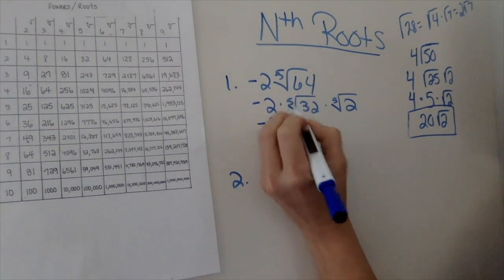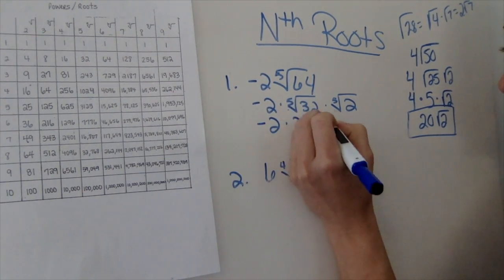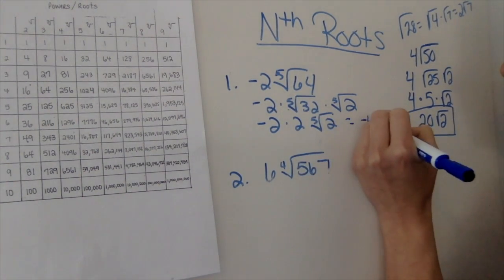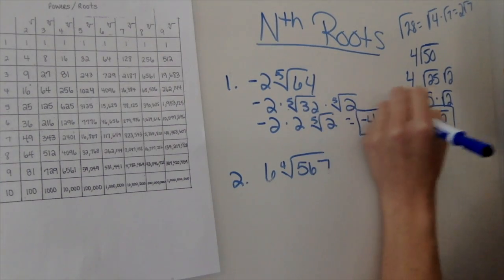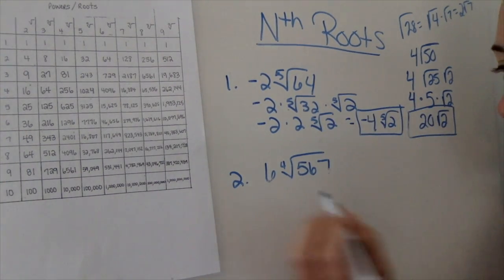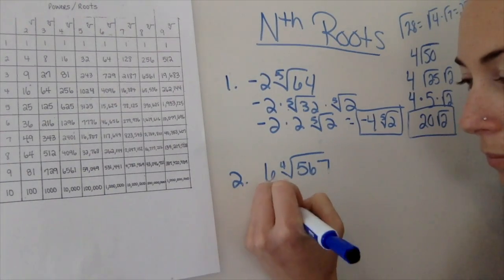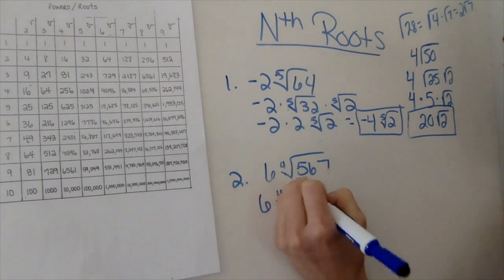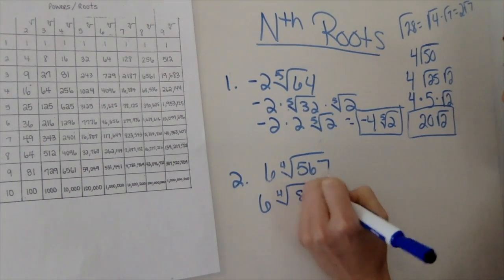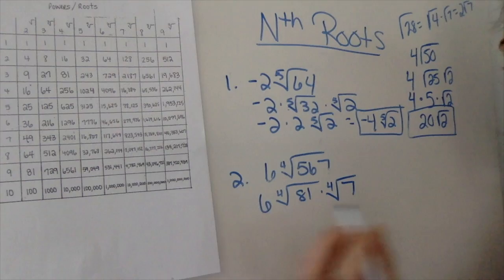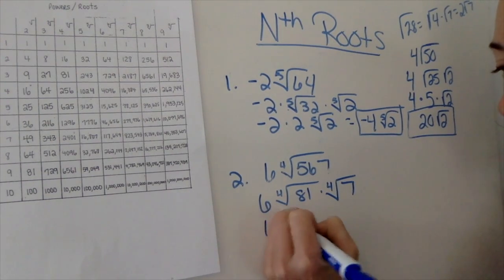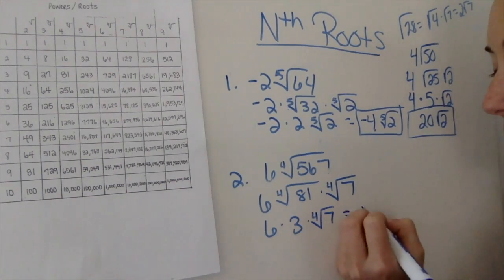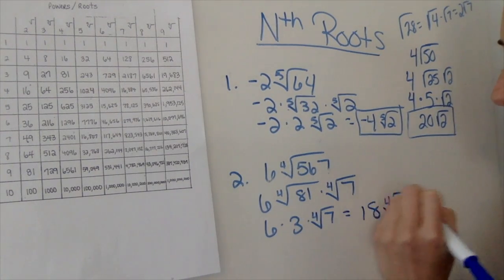Negative 2, 5th root of 32 is 2. Final answer is negative 4, 5th root of 2. And over here, the biggest 4th root that goes in 567 is actually 81 times 7. 4th root of 81 is 3. Final answer is 18, 4th root of 7.